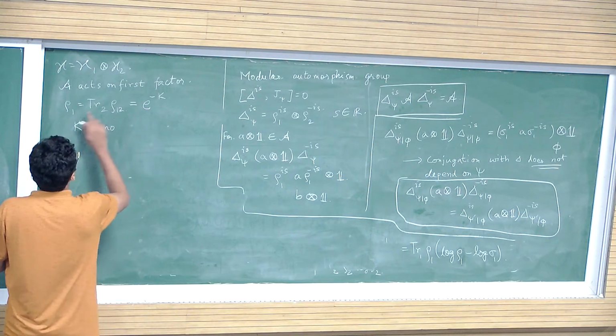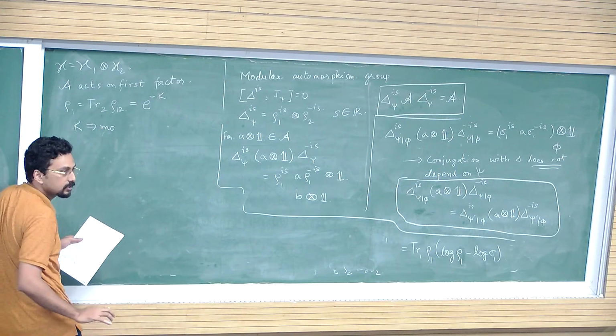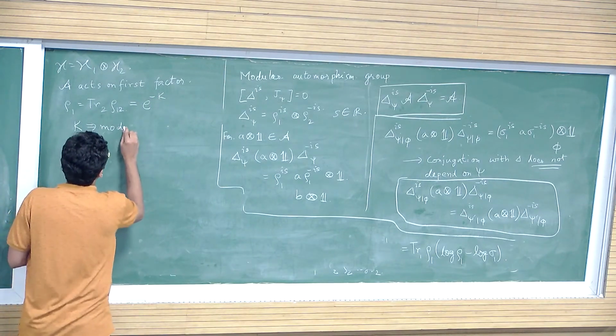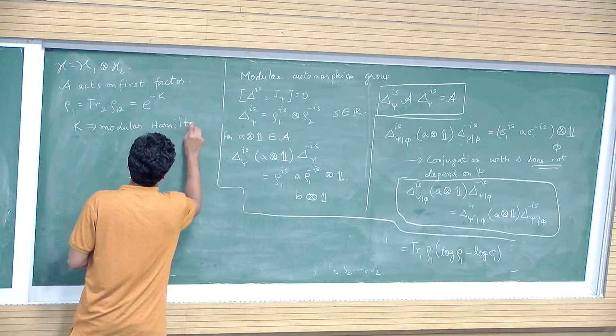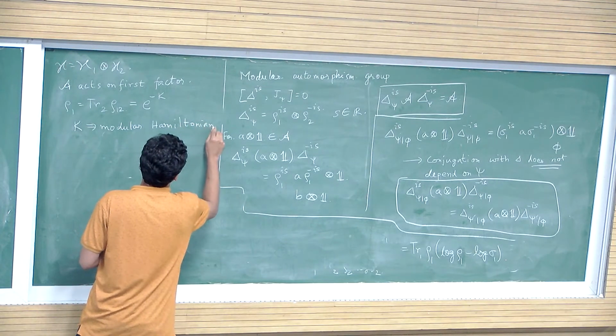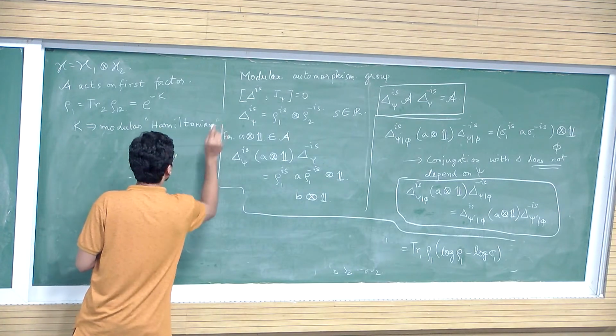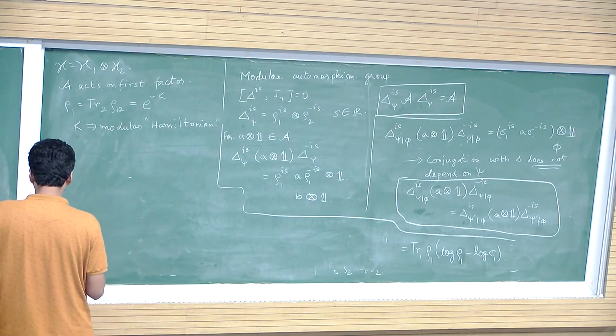This object you define as e to the power minus K. The operator K is what you define as your modular Hamiltonian. So for the time being, I am going to put this word in quotations.